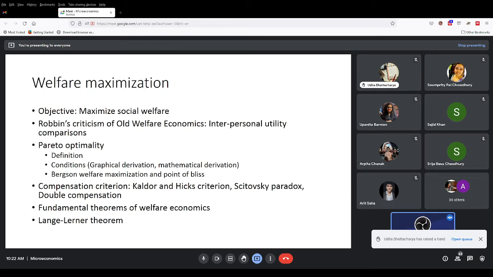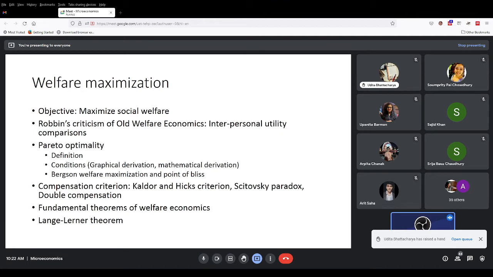So you have a policy change, and that policy change will lead you from point X to point Y. Is it possible to say when the original state X is better, and when the new state that occurs after the policy change is better? So can we compare X and Y? And it showed that under certain circumstances, based on a theory of exchange and compensation, it is possible to compare between positions, equilibriums.